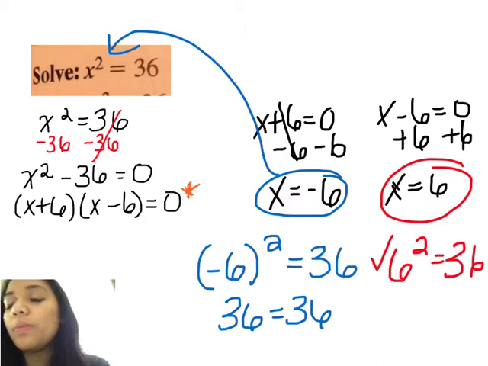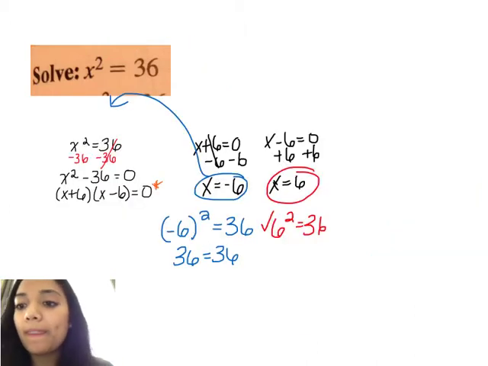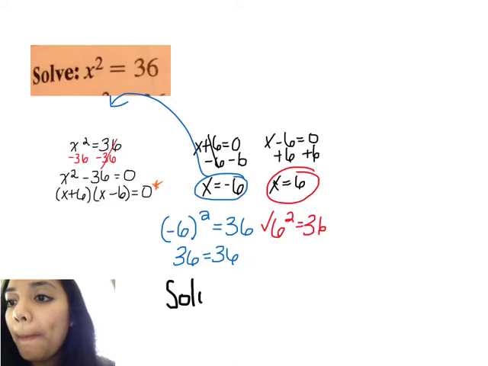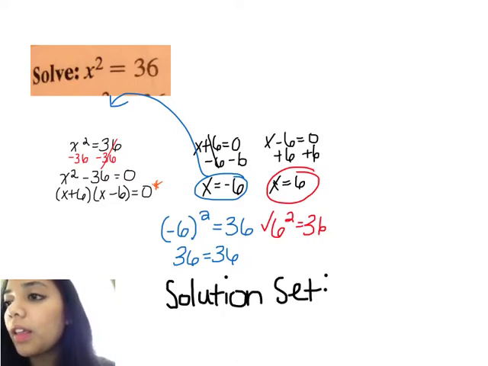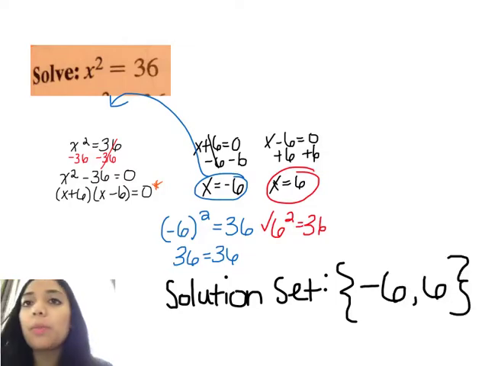That is true. So that means my solution set is negative 6, 6, because they both work.